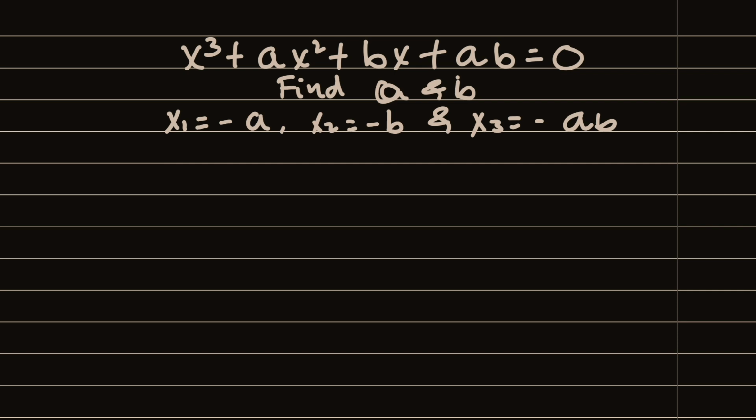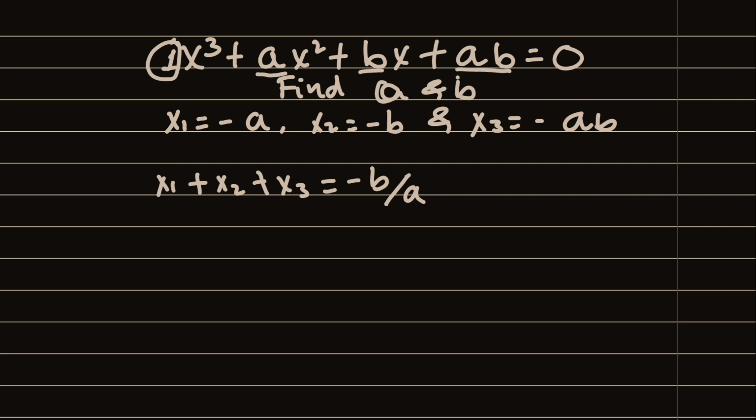That means x1 plus x2 plus x3 equals minus B over A. What is B? What is A? A means this number 1. B means a, C means b, D means ab.